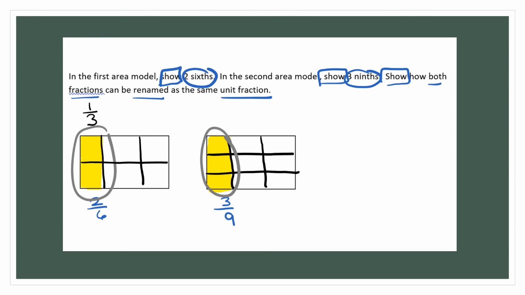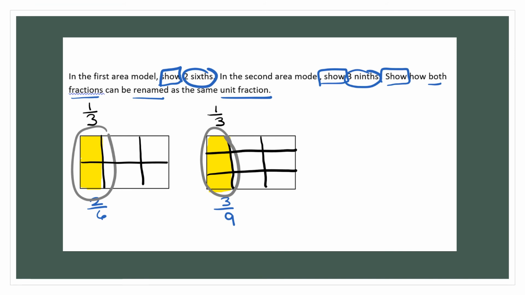Let's try that with our 3/9. Pretend that these lines are gone, and what's left is 1/3. And I will put those lines back so we can see our 3/9 again. So both of these fractions, if you take away the horizontal line, end up being the unit fraction of 1/3.